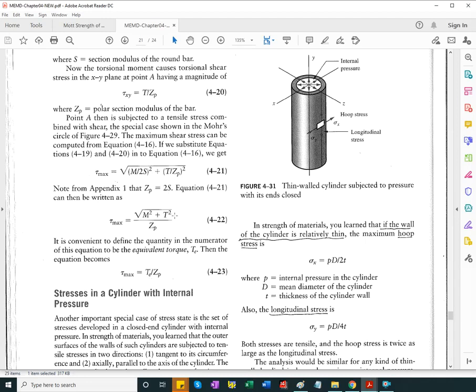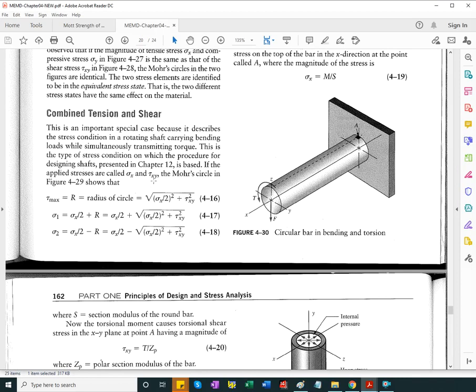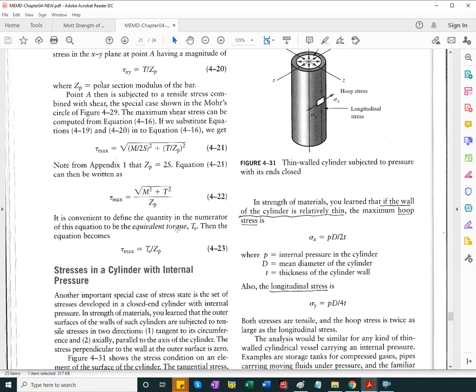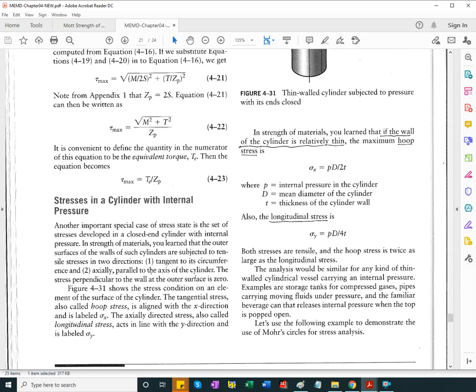So the bending moment and the torque loading the shaft, squared and square rooted, gets us an equivalent torque. And given the numerous cases of this type of loading, tension caused by bending and shear caused by torque, we can analyze it quickly using the equivalent torque.